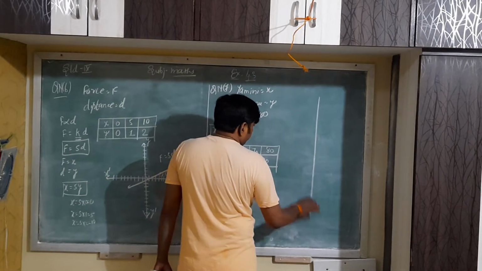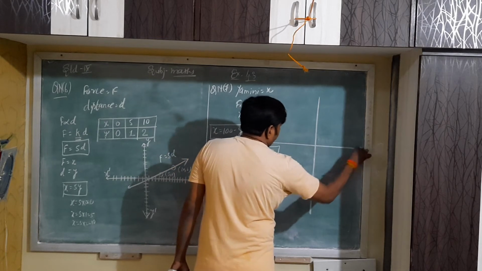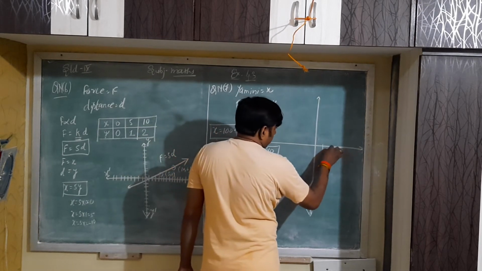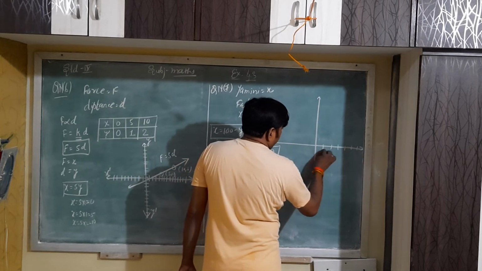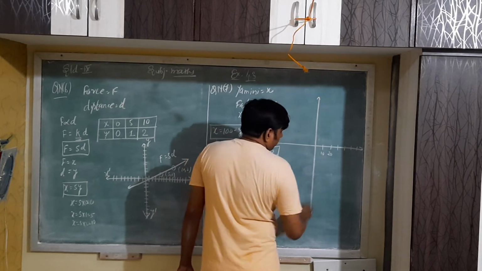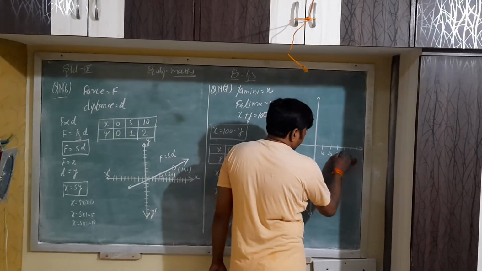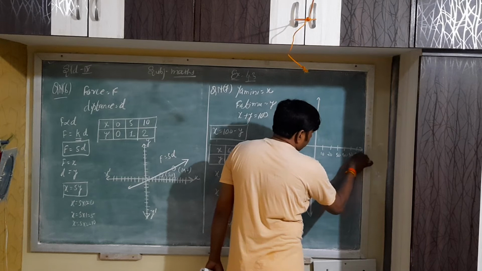Draw your graph. Make four parts of graph paper. Each line we use as 10. Take 1 centimeter as 10 units: 10, 20, 30, 40, 50, 60.